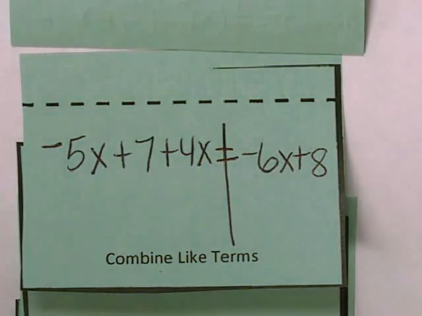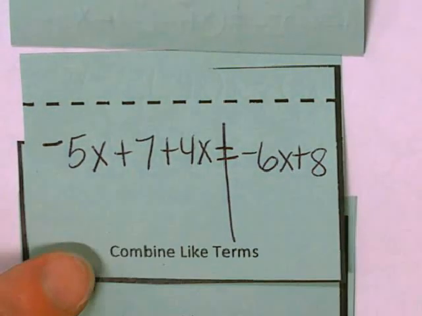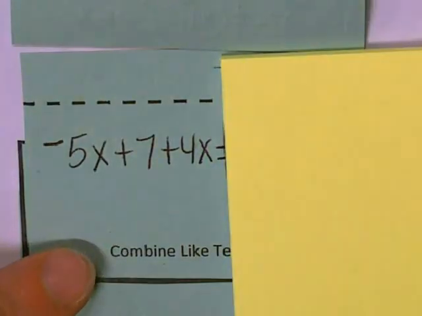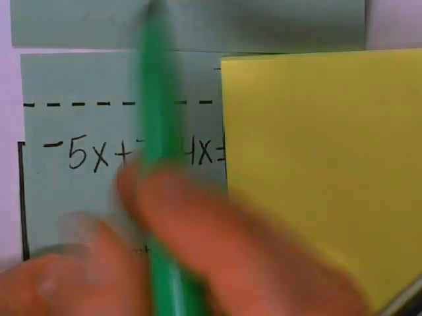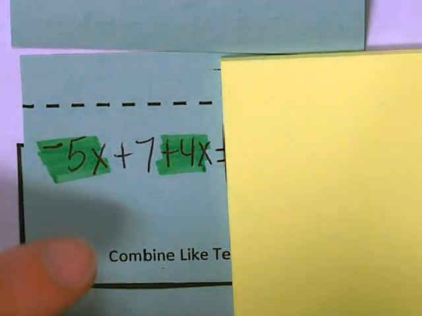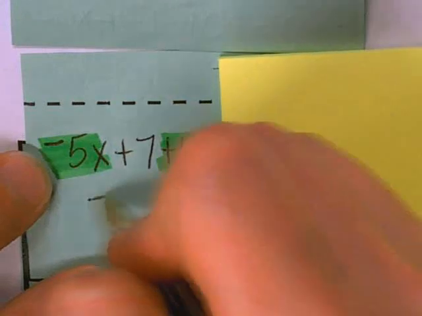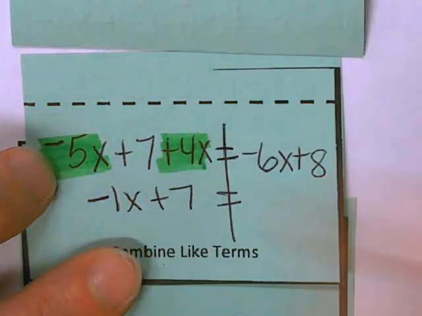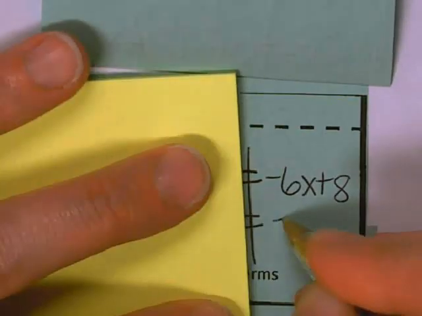So what can I combine on this? Well, I'm only looking at one side at a time. So I can't look at this side. All I can look at is the side that's not covered up. I can put this negative 5x together with this positive 4x to get negative 1x. And on the other side, there's nothing that I can put together with the negative 6x. Okay? We're just thinking about it one side at a time.